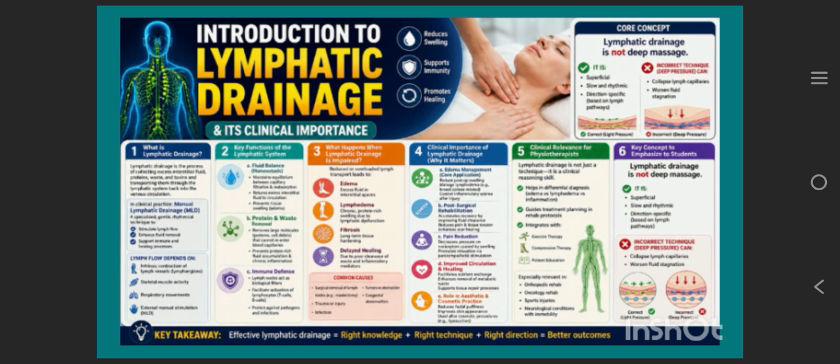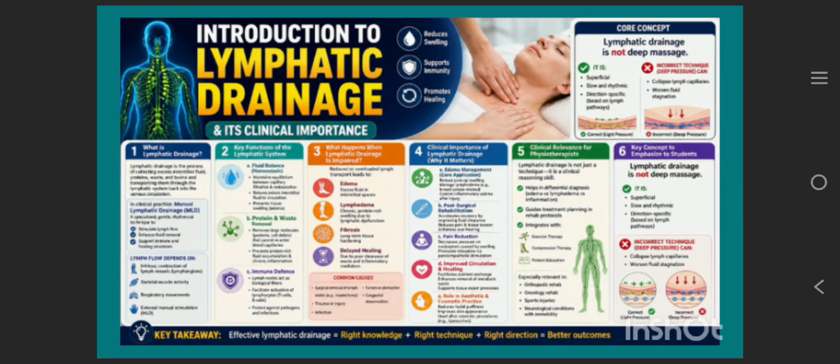Thirdly, it is commonly used in cosmetic procedures, for example liposuction. These are the clinical importance of lymphatic drainage: first edema management, second post-surgical rehabilitation, third pain reduction, fourth improved circulation and healing, fifth role in aesthetic and cosmetic practice.